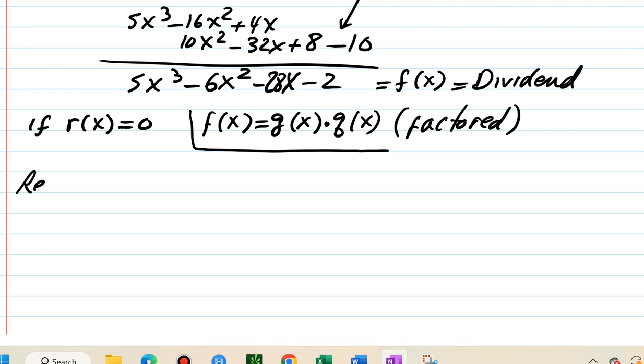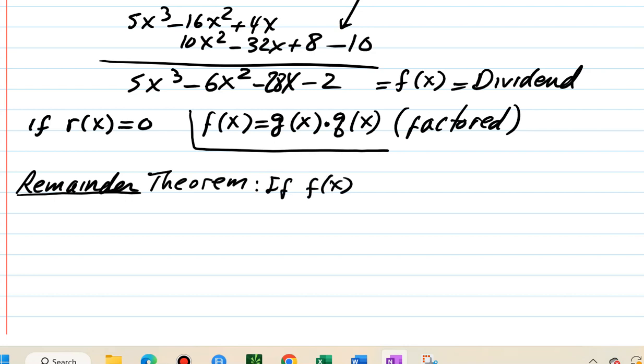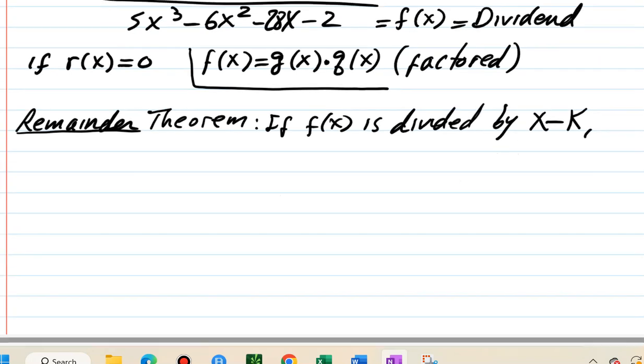So we actually can now cite our theorem here. This theorem known as the remainder theorem, rightly so. And the theorem goes something like this. If f of x is divided by x minus k, remember it has to be the binomial in that form.